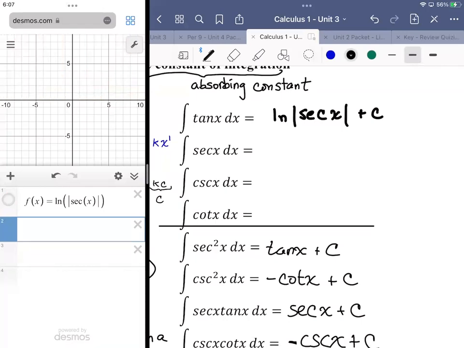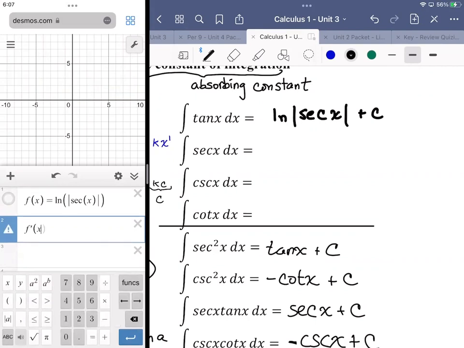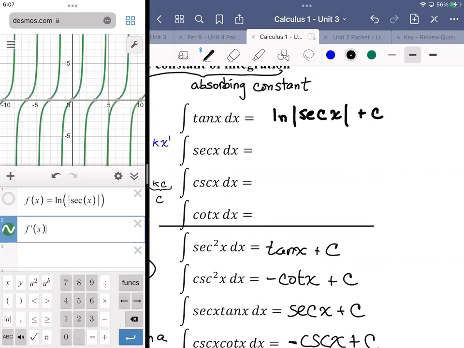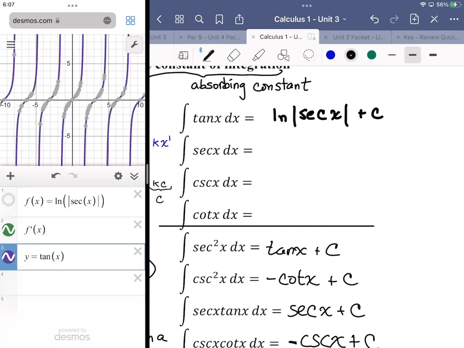I don't really need to see that as much as I need to see that function's derivative. Which, if you know the tangent function, you would recognize this as being that, right? But if not, you could put in the tangent function and do a quick compare and contrast.